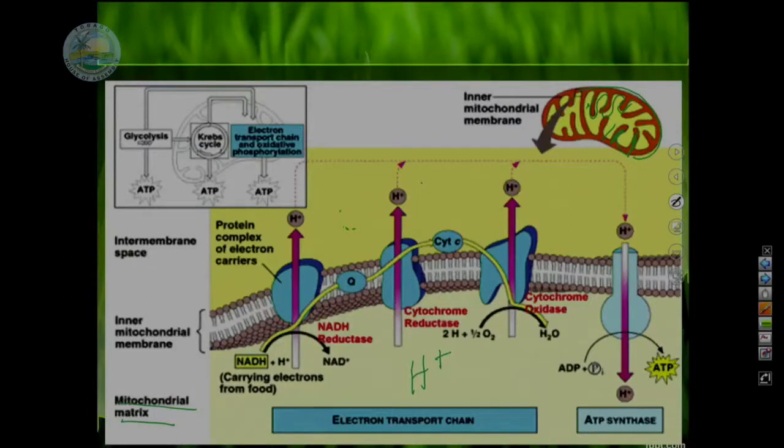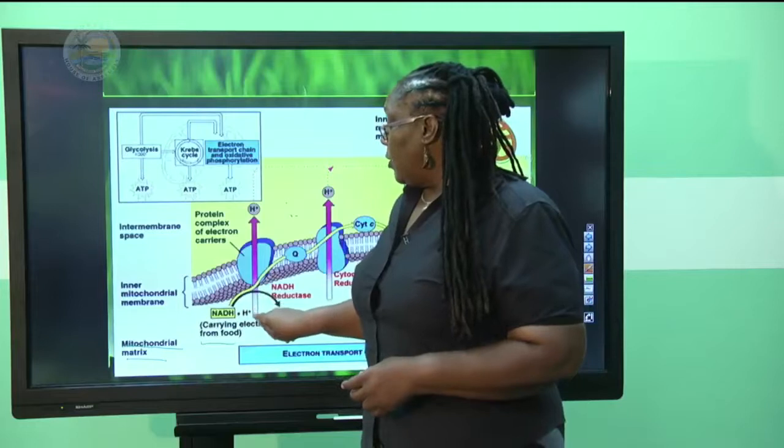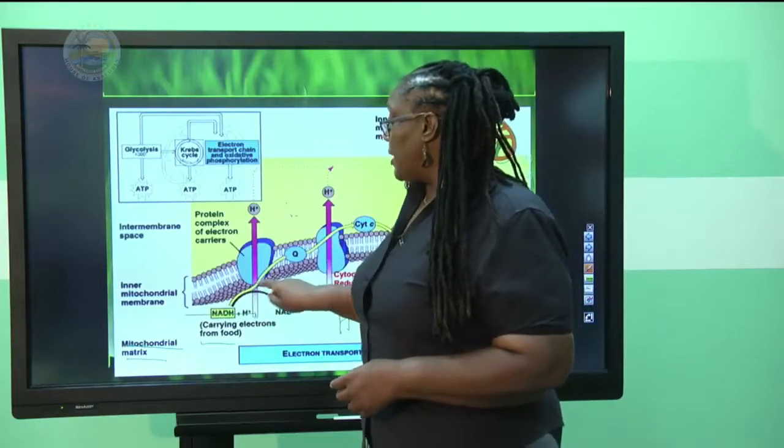Good. We have here NADH, which is the reduced form of NAD. Remember that would have picked up the electrons and the hydrogens from glycolysis, from the link reaction, from the Krebs cycle. And now they have brought them to this electron transport chain, and the electron is going to pass across.